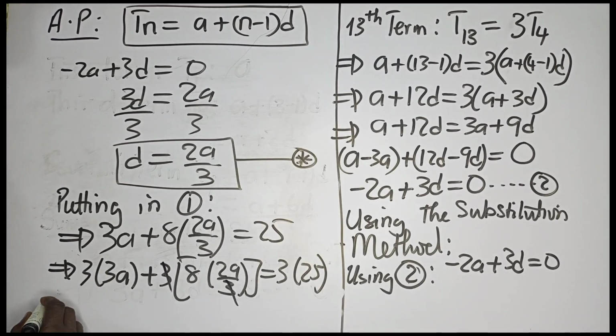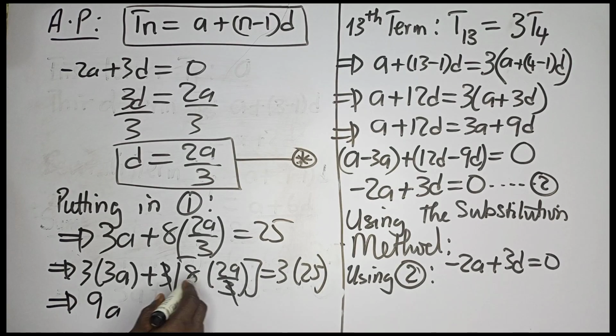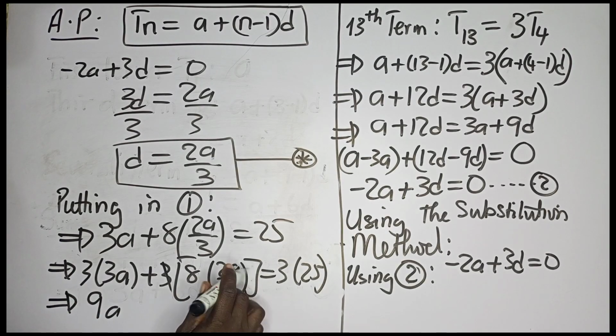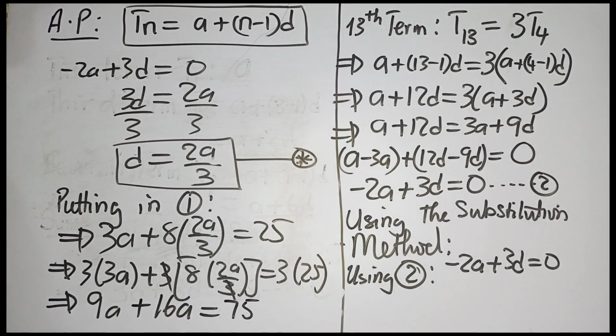3 multiplied to 3 gives us 9a. 8 multiplied to 2a is 16a, plus 16a. 3 multiplied to 25 is 75. All right, this is what we get. No more fractions.